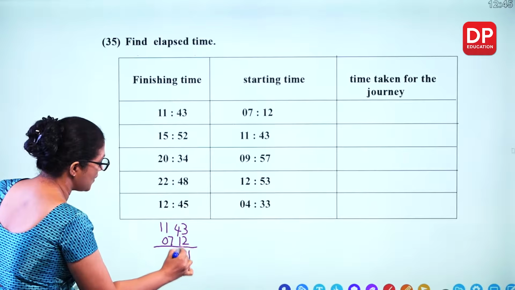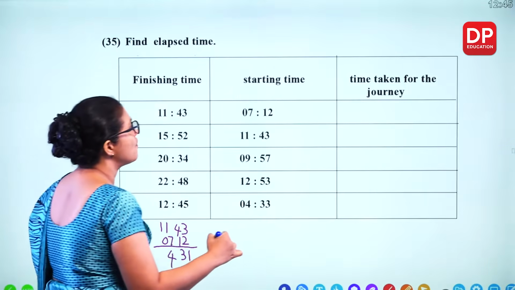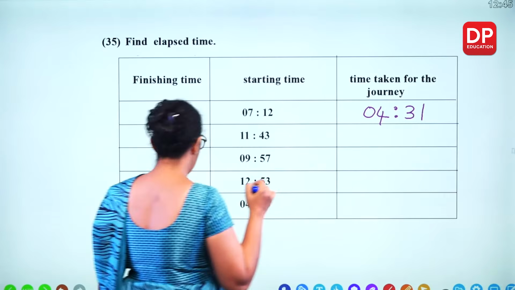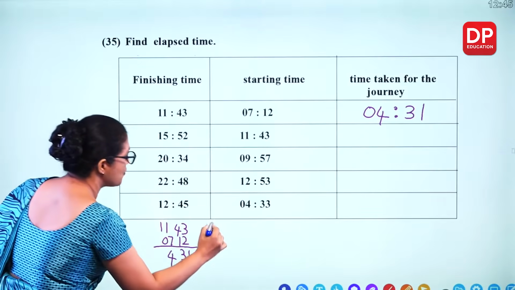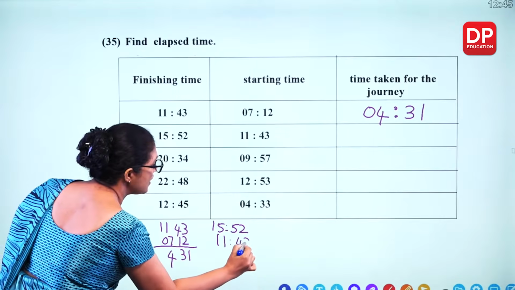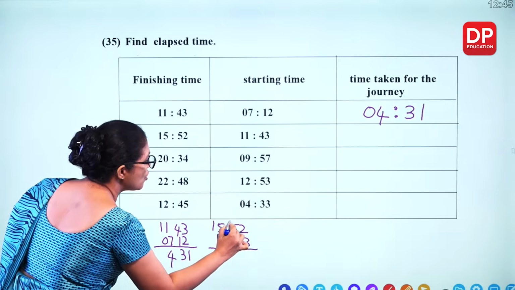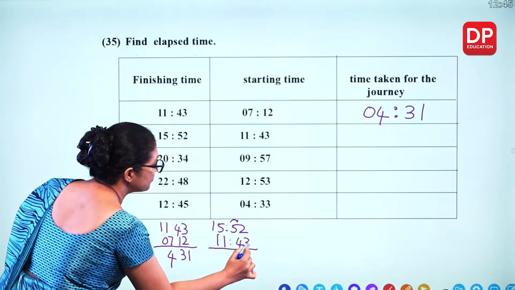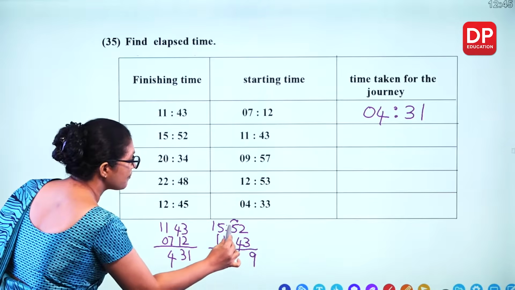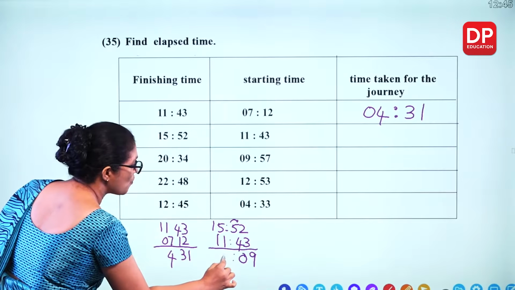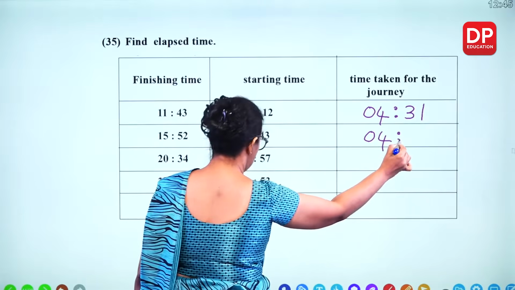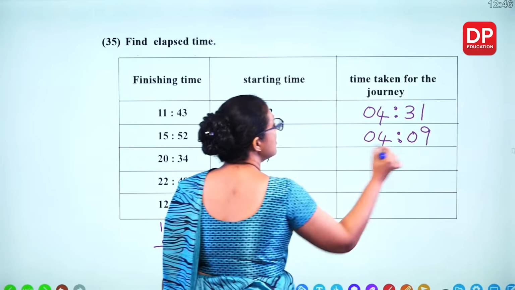You get 4 hours and 31 minutes. This one you can subtract 15:52 and 11:43. 12 minus 3, 9. And here 0. 5 minus 1, 4. 4 hours and 9 minutes.